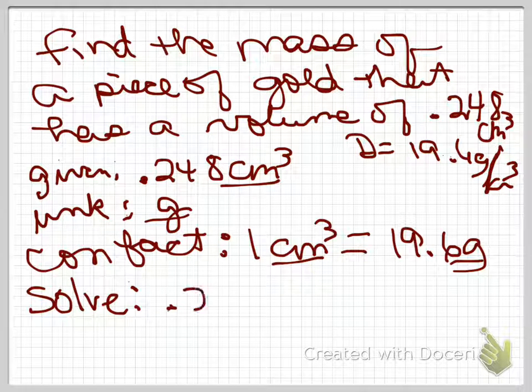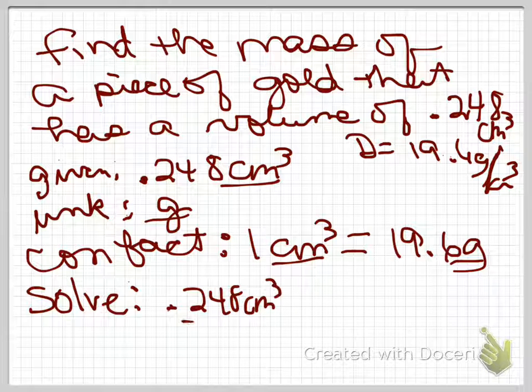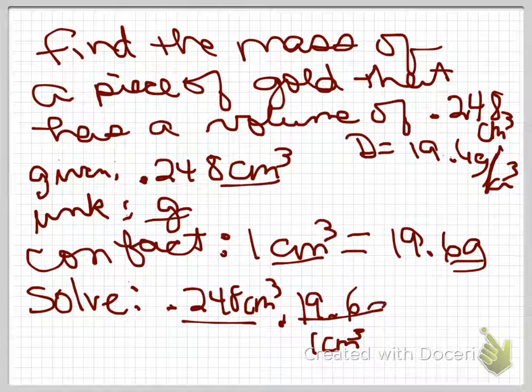0.248 cubic centimeters. In 1 cubic centimeter, there's 19.6 grams. That cubic centimeter and that cubic centimeter divide away.